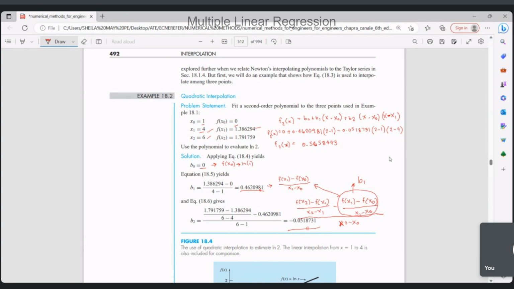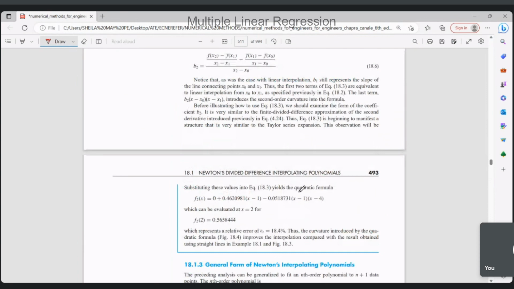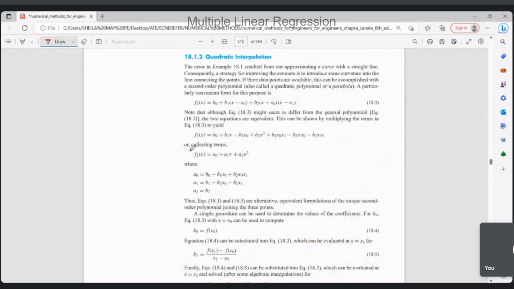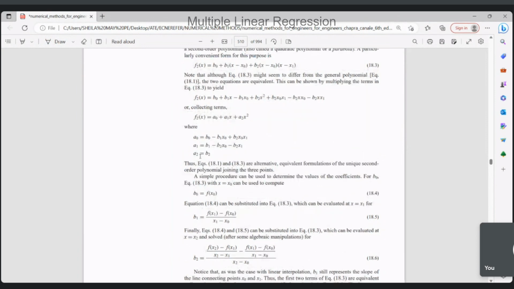Okay, before I forget class, we still have this one, this one, this one, this one, this one. Kani. We need to find this.